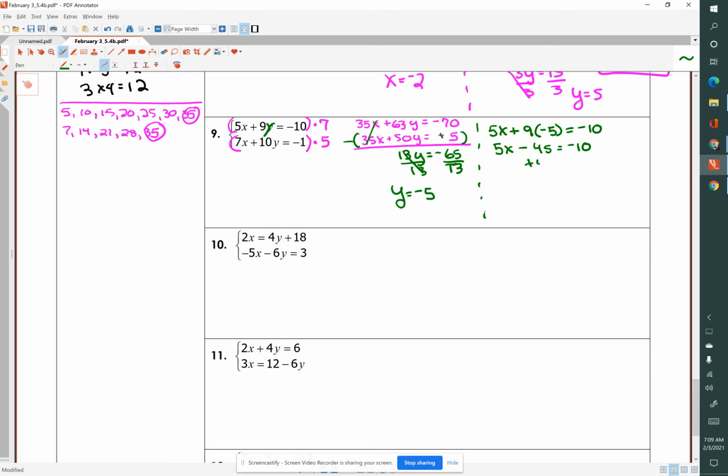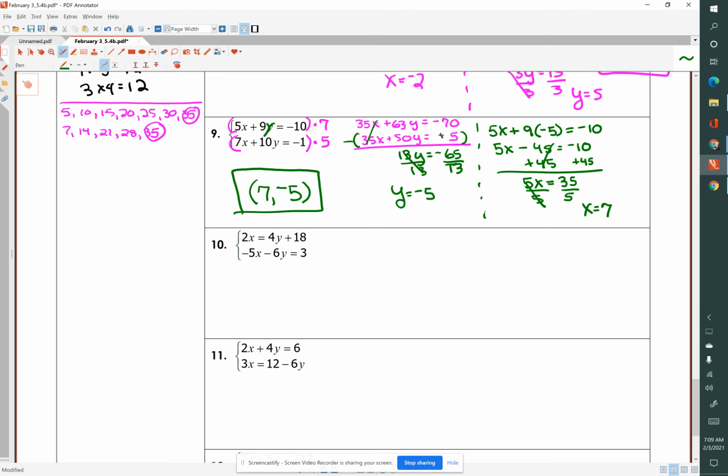We'll add 45 to each side so that we isolate the 5x, and then we'll eventually isolate x. 5x equals 35. Divide both sides by 5, and x equals 7. So our solution to this system of equations is 7, negative 5.